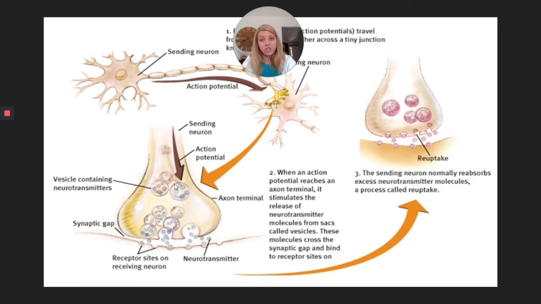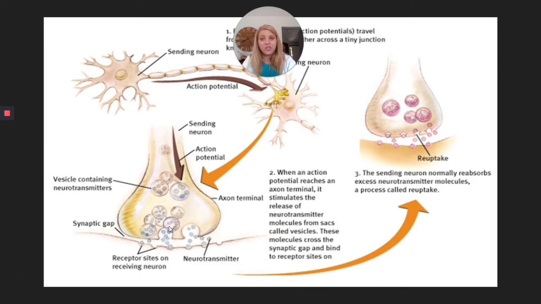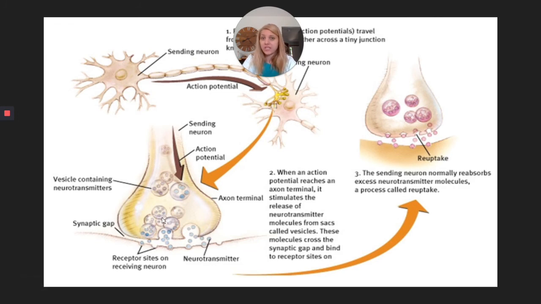When that action potential comes along, the energy source is strong enough to burst open my vesicle to release the neurotransmitters that are inside. As it releases the neurotransmitters, those transmitters are going to go to a receiving neuron. Now here's an interesting quirk. Neurons don't touch each other. In fact, neurons don't touch anything. They have fluid that surrounds them completely.